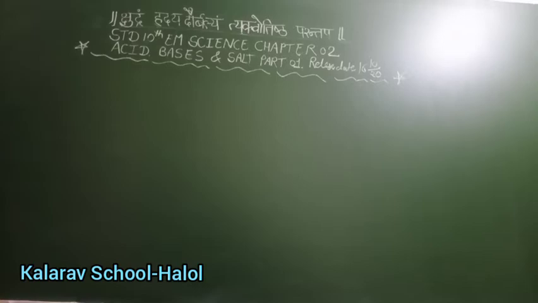These indicators tell us whether a substance is acidic or basic by a change in color. There are some substances whose odor changes in acidic or basic media. These are called olfactory indicators. Let us try to understand some of these indicators.